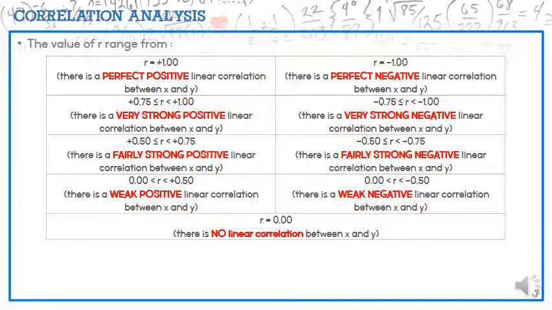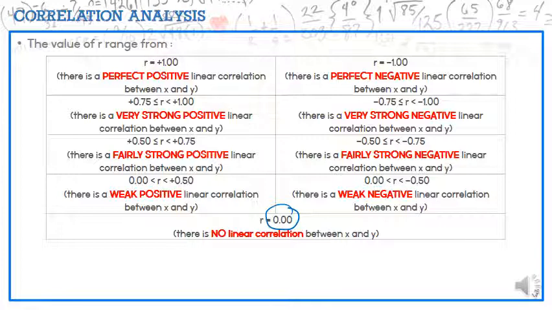If it is between 0.5 to 0.75, fairly strong or moderately strong positive, and if it is below 0.5, it indicates a very weak positive linear correlation. If you have R equal to 0, it means that there is no linear correlation between X and Y.